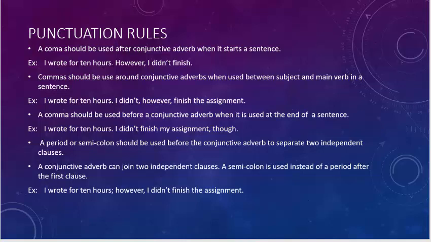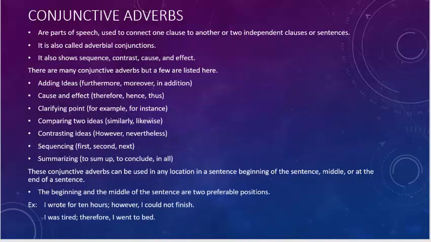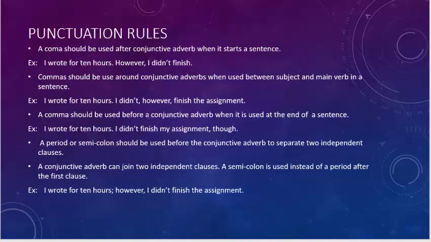This is the first clause, and when we want to go to the next sentence smoothly, we put a conjunctive adverb, however, which presents a contrasting idea. We put a full stop, and then when we use the conjunctive adverb, immediately after it we put a comma. However, I didn't finish. This was the beginning of the sentence.